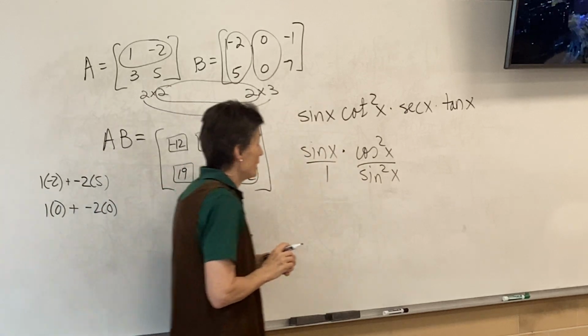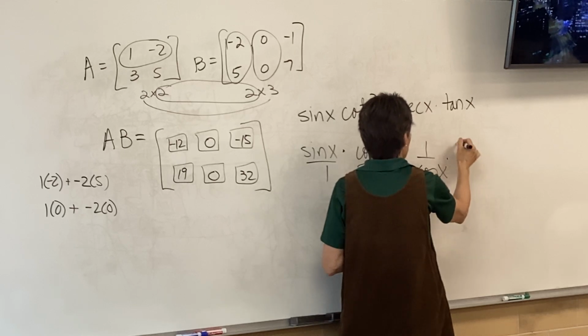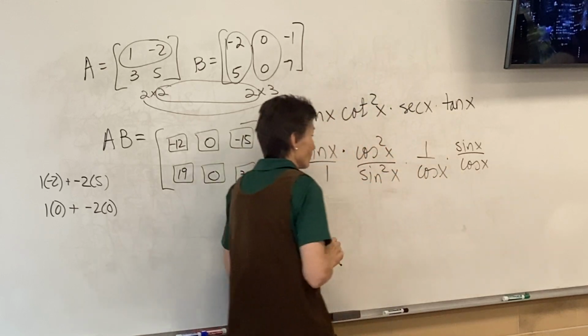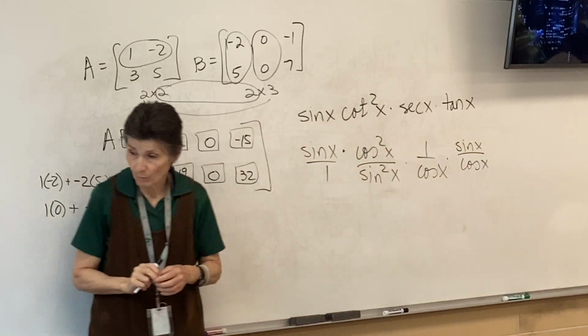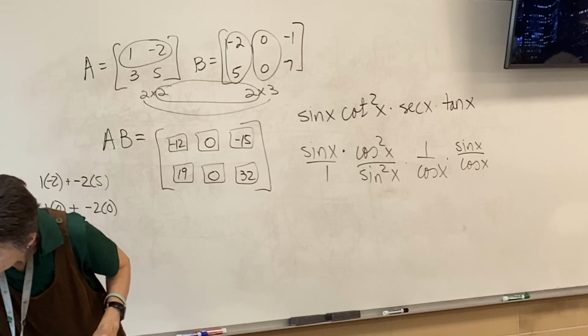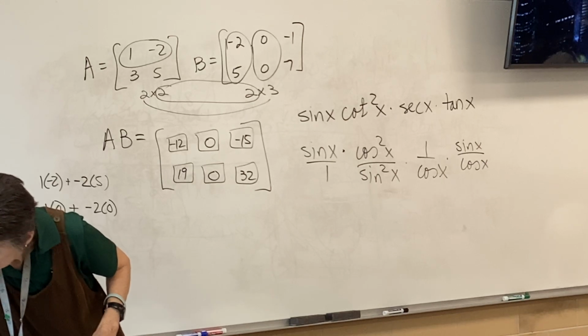Secant is 1 over cosine, and tangent is sine over cosine. So your reference sheet has that on it, I think, pretty much.